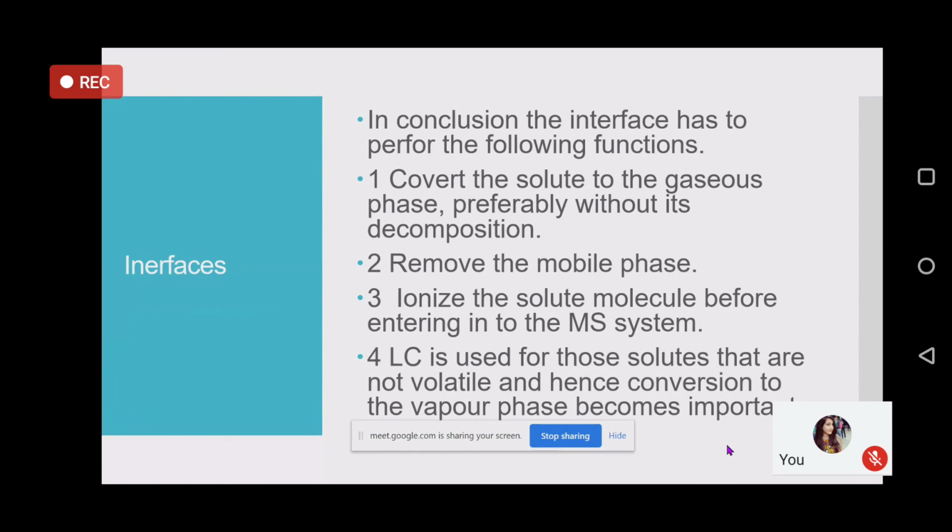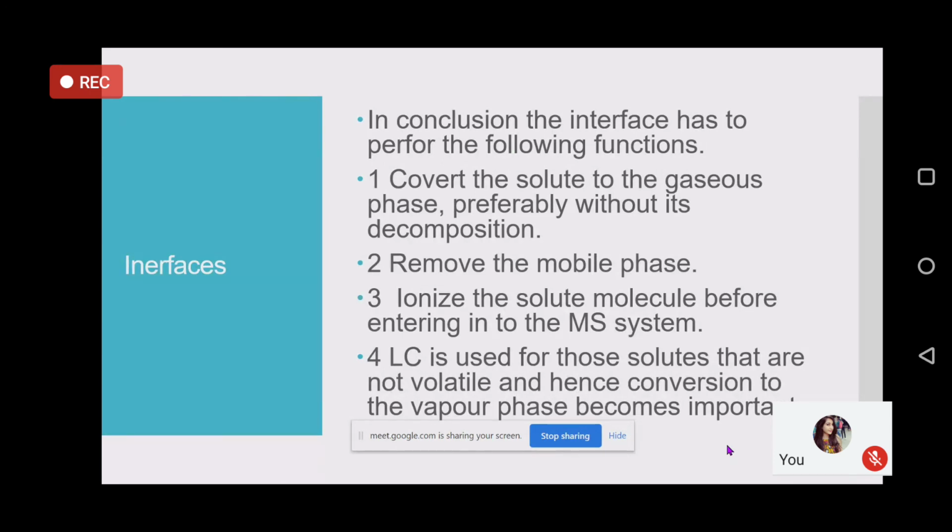So neutral molecules entering the mass spectrometer are of absolutely no use as far as the analysis is concerned. So ionization should be brought about. If the interface brings about the ionization, then you don't need a separate ionizing system over which the vapor will have to be passed so that it gets converted into ions. If the interface itself is able to perform that function, then nothing more is needed.